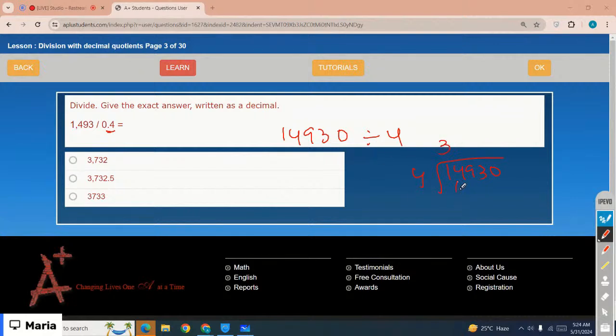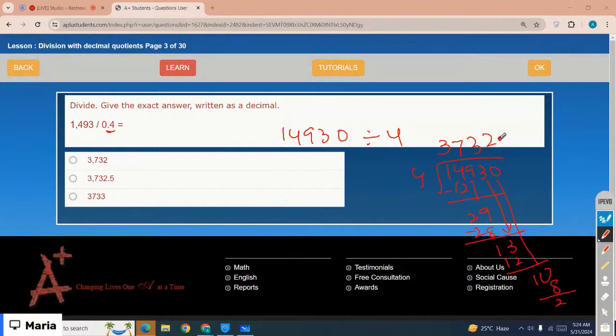4 times 3 is 12. 14 take away 12 is 2. Bring the next digit down. 4 times 7 is 28. That is 1. Bring the next digit down. 4 times 3 is 12. You need to bring the next digit down. 4 times 2 is 8.